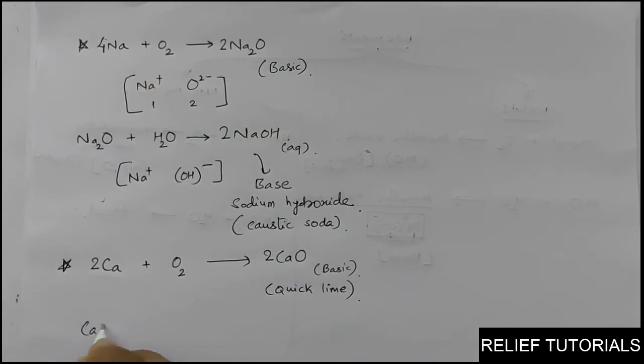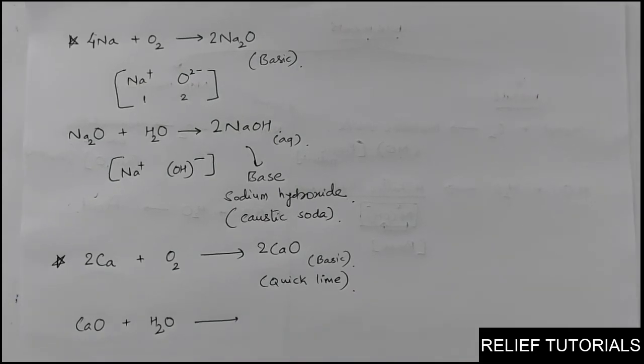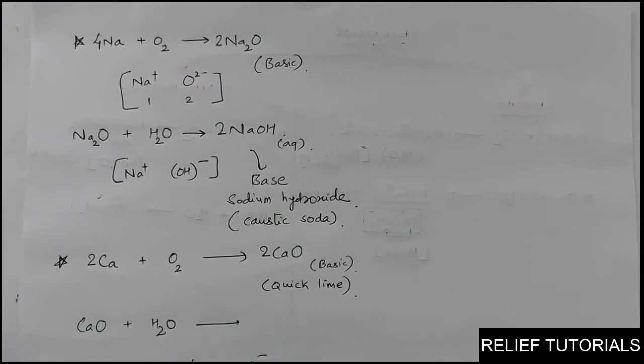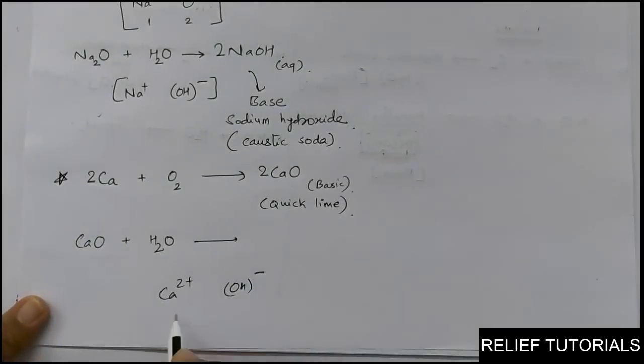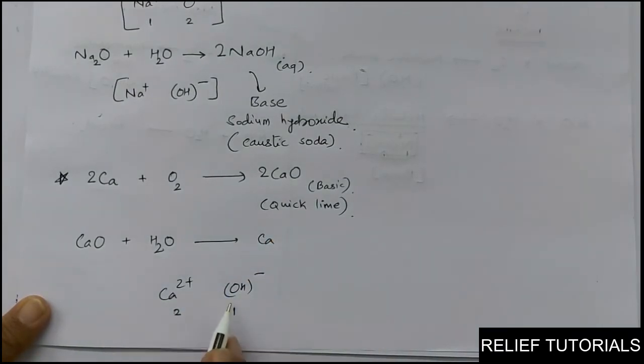Now when this CaO is dissolved in water, it forms metallic hydroxide, meaning calcium hydroxide. Calcium is 2 plus and hydroxide is always 1 minus. So the charge of calcium is 2, and the charge of OH is 1. So 1 will be given to Ca and 2 will be given to OH.